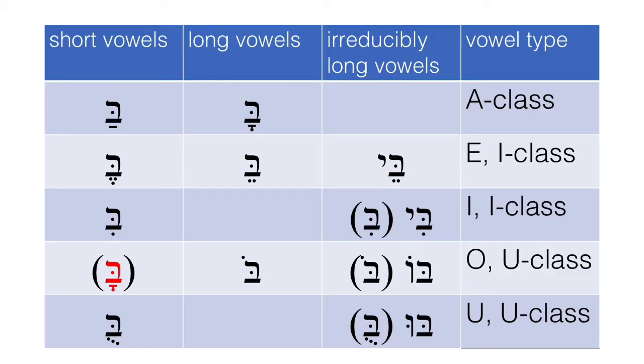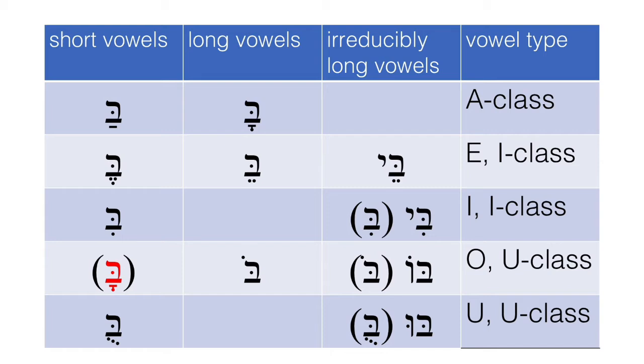As we look at our Hebrew vowels, we'll start on the right side of this chart, which is how we always read in Hebrew. On the right side, you see the column vowel type. We see the 5 vowels we're familiar with from English: A, E, I, O, and U. Often, people will categorize Hebrew vowels into only 3 types: A class, I class, and U class vowels.